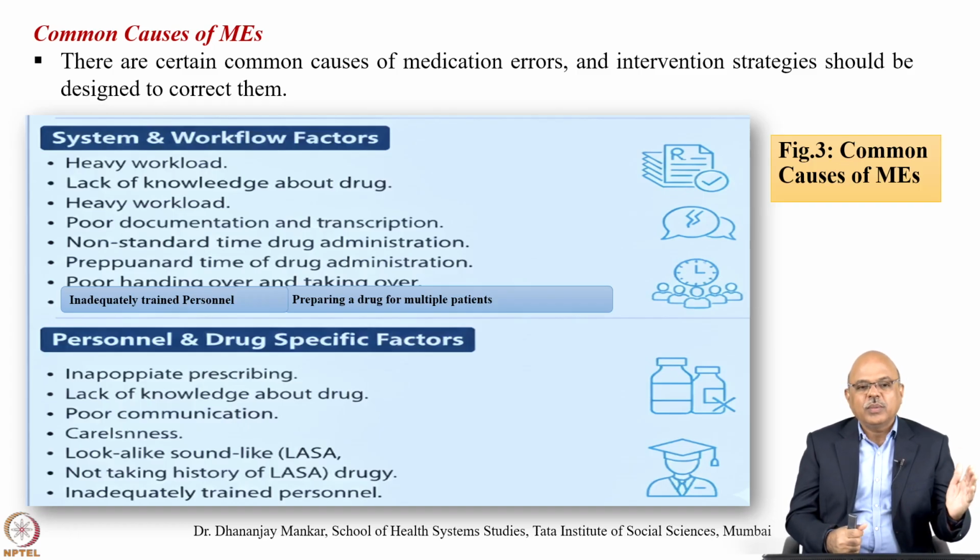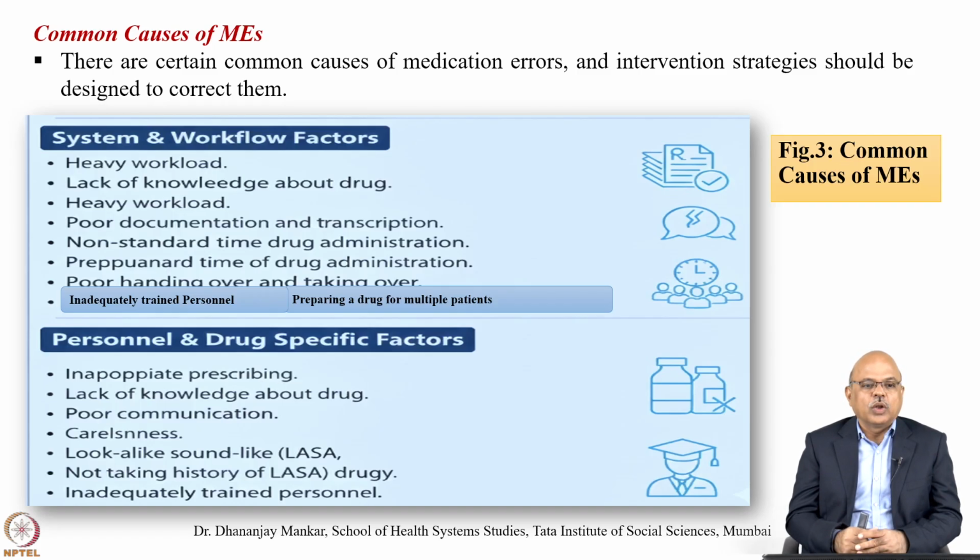With respect to system and workflow factors, we can see heavy workload as one very important cause of medication error. Lack of knowledge about the drug contributes as a second and third line cause. Poor documentation and transcription has been seen in addition.